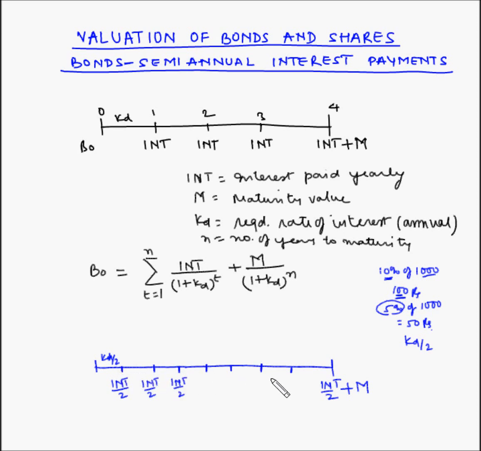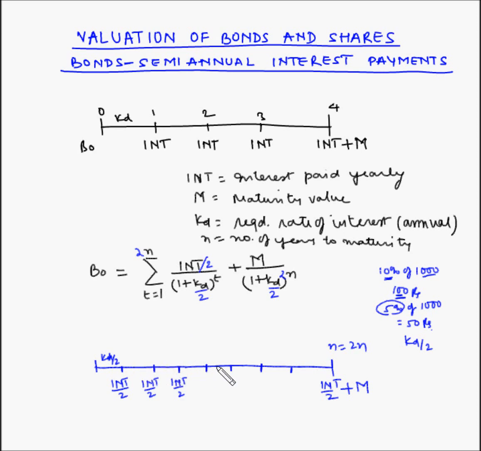So there are twice the number of periods, and N is actually 2 times N. Basically, what we have done here is N became 2 times N, interest became INT divided by 2, KD or the required rate of return became KD divided by 2. So this becomes the formula for the value of a bond in case of semi-annual interest payments.